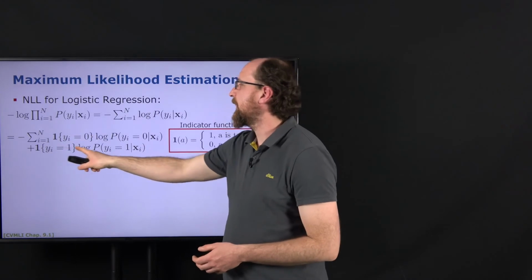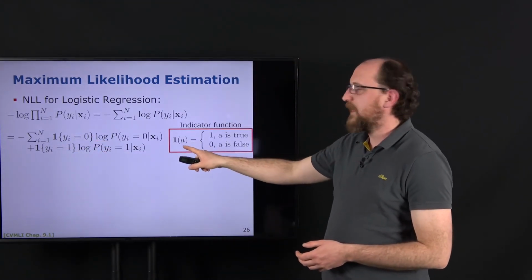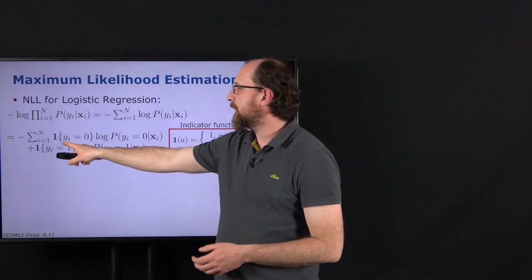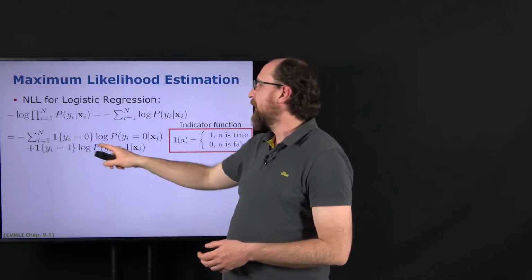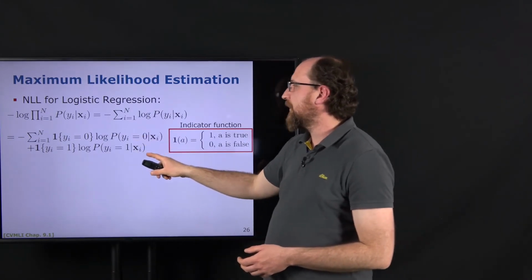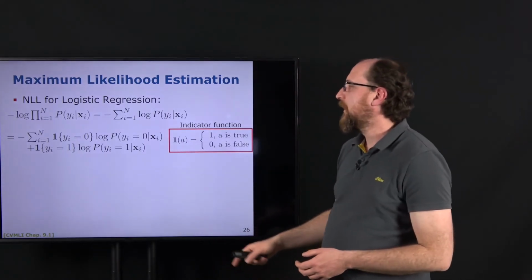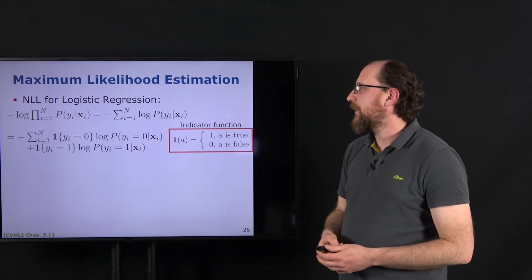We have an indicator function which just returns 1 when the argument is true. So when the label of the example is 0, this returns 1, and then we use this probability. Then we do the same for the other class, where we want the probability for p of y equals 1.